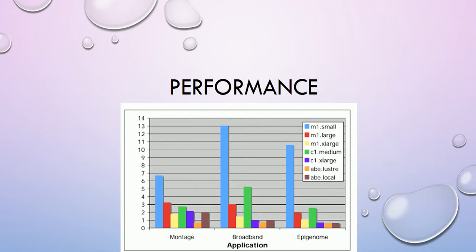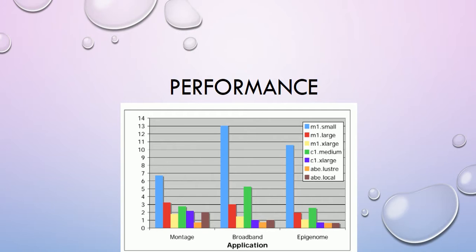This is likely due to the fact that M1 Xlarge has twice as much memory as the next resource type. The best overall performance for Montage was achieved using the ABE cluster. This is the Lustre configuration, which was more than twice as fast as ABE local.